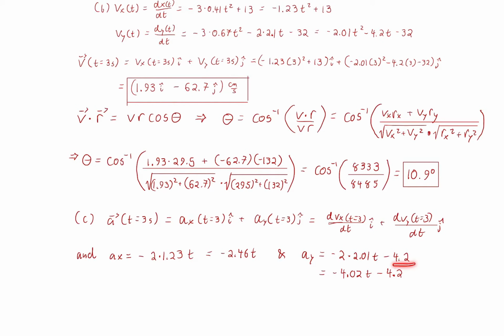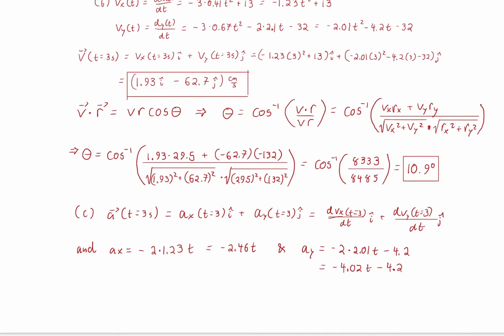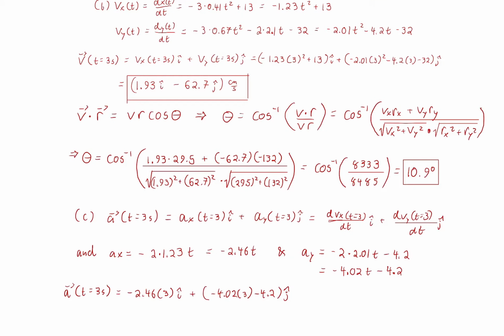So this one ends up with another expression. This one is just a line without even an intercept. This one essentially tells us that at t equals 0, there is a y component of acceleration, but at t equals 0, there is not an x component of acceleration. But again, we can see that by just looking at our polynomial expressions of position and taking the derivatives twice. So then finally, I'm just going to take those two functions and evaluate them at 3 seconds.